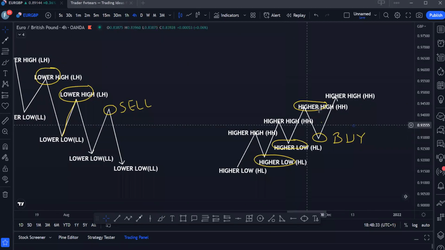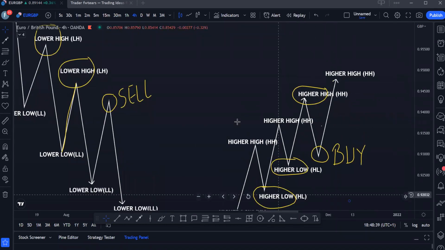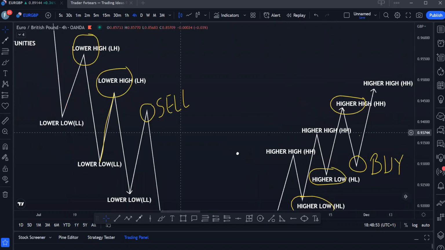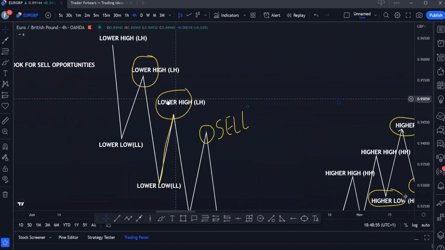How do you now know lower highs and higher lows? How do you know that price has gotten to a higher low? How do you know where the higher low is going to end before you buy? How do you know where the lower high is going to end before you sell?